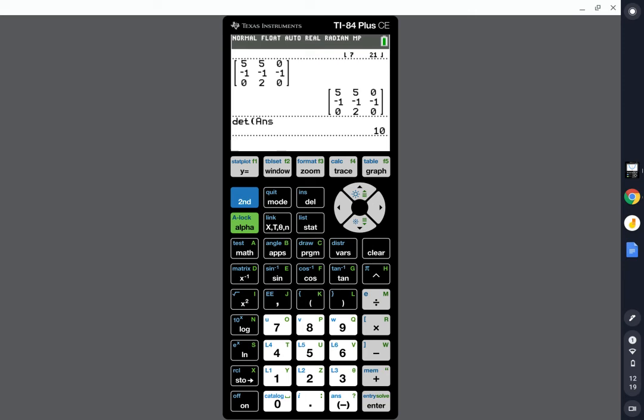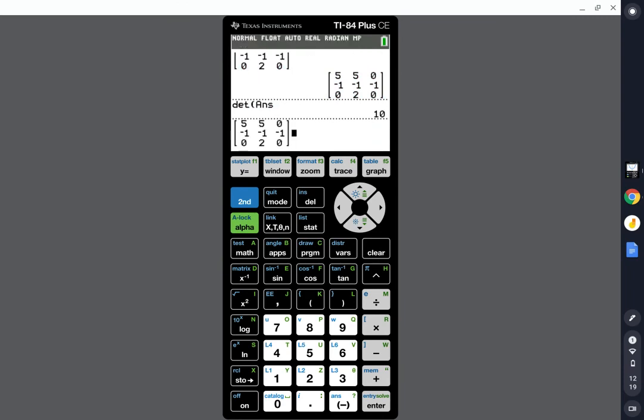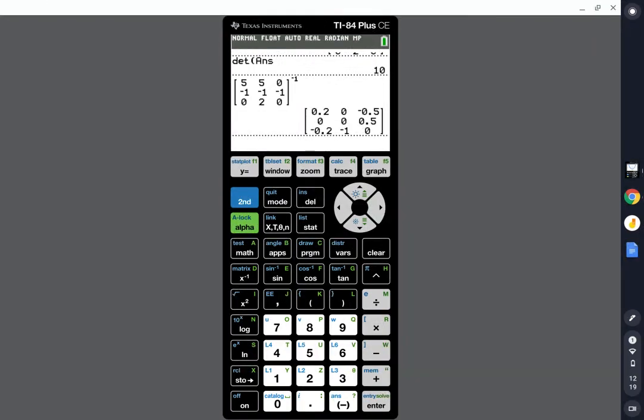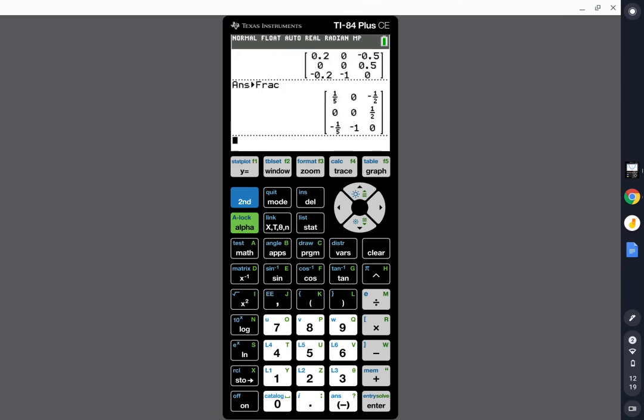However, the question was, what's the inverse? So here's my matrix. I push the -1, and it tells me my inverse. Really nice decimals. You can change them into fractions if you want. Remember that's in the math menu. So between the matrix menu and the math menu, we're going to be getting our money's worth. Okay. All good things happening here.